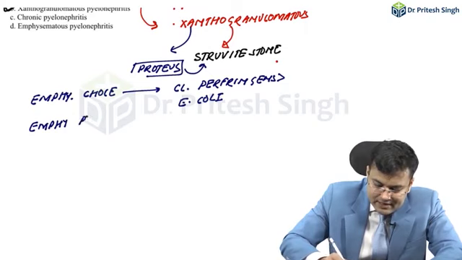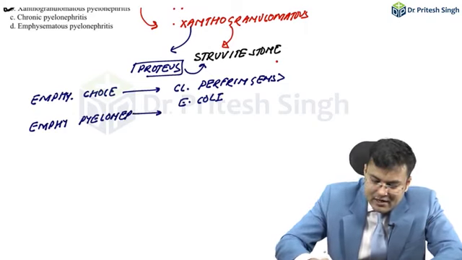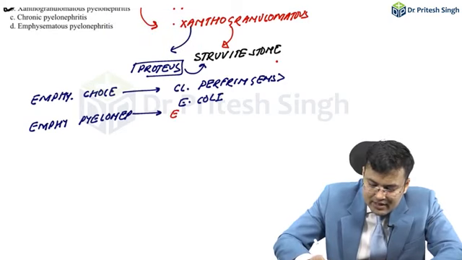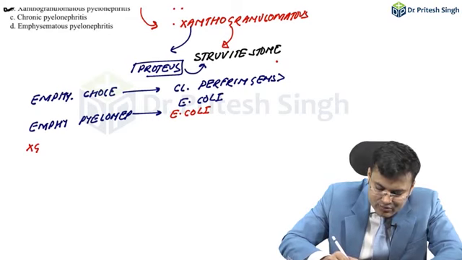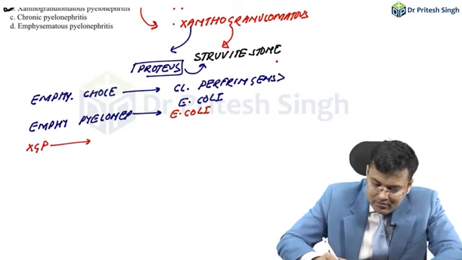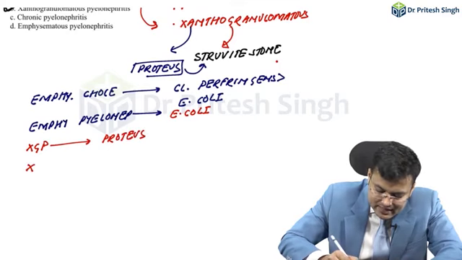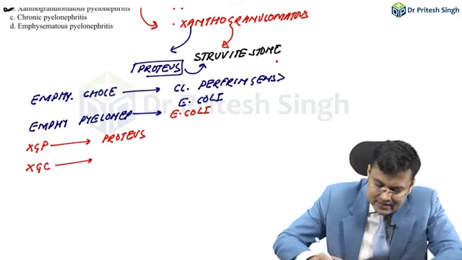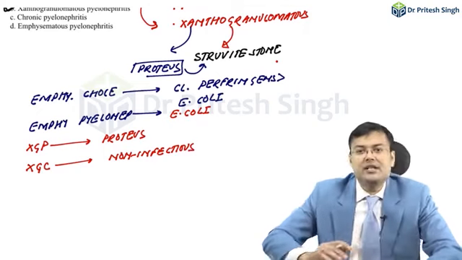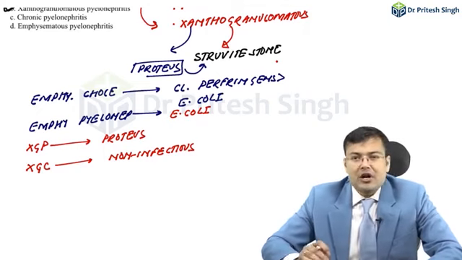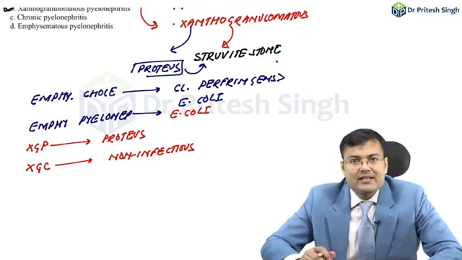Second, emphysematous pyelonephritis. And for emphysematous pyelonephritis, most common organism responsible is E. coli. Then xanthogranulomatous pyelonephritis, and the most common organism is Proteus. And xanthogranulomatous cholecystitis, it's a non-infectious condition caused by rupture of Rokitansky-Aschoff sinuses.